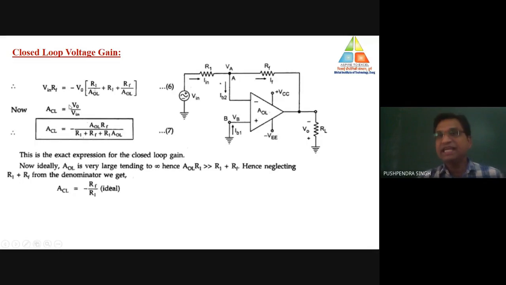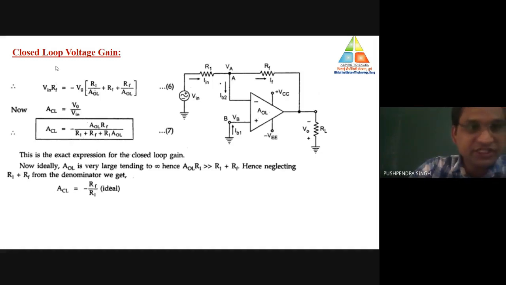What is gain? Gain is nothing but the ratio of output voltage divided by input. So we need to change the expression in the form of V0 and Vin. Take common all the terms which have V0, and also the terms which have Vin.